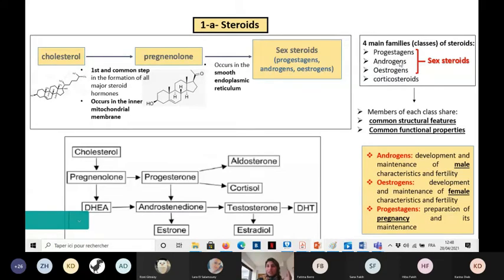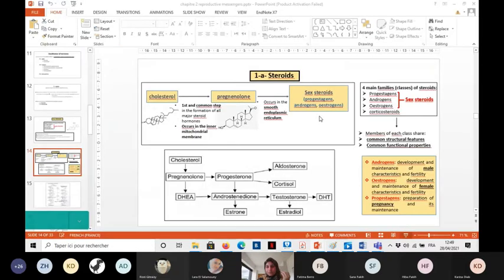The androgens are a different family from the estrogens, even though the estrogens have the androgens as precursors. The androgens are the DHEA, the androstenedione, the testosterone, and the DHT. Estrogens are the estrone and the estradiol. Okay.